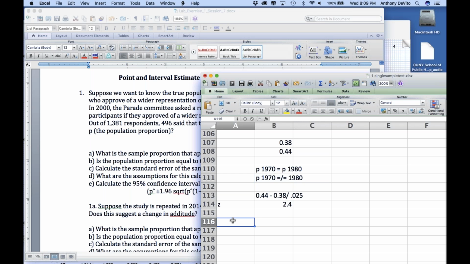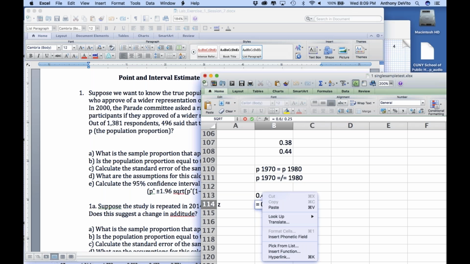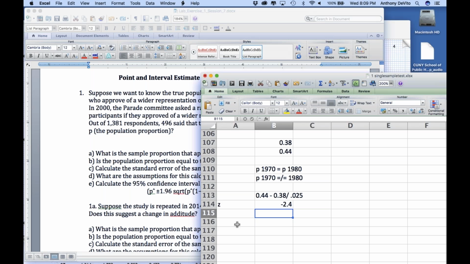For instance, I'm going to make this a negative because it's easier to find an area with a negative. So I'm going to make this a minus, just so I get a negative number there.